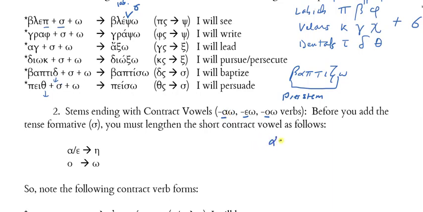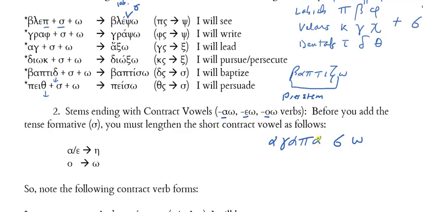So just to go ahead and preview this, agapao is my contract verb, right? I'm going to use agapa as my stem for the future, agapa. And it's to this that I add the sigma for the future tense and then my omega.